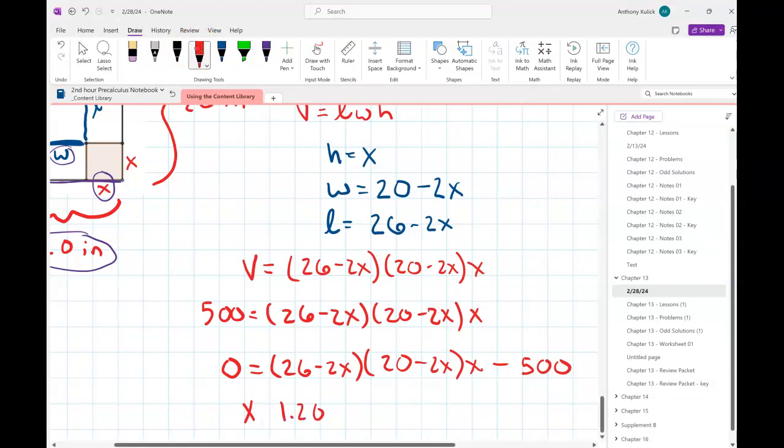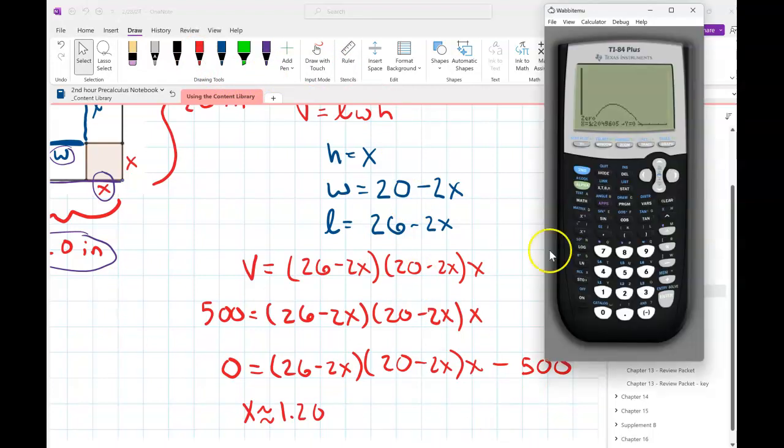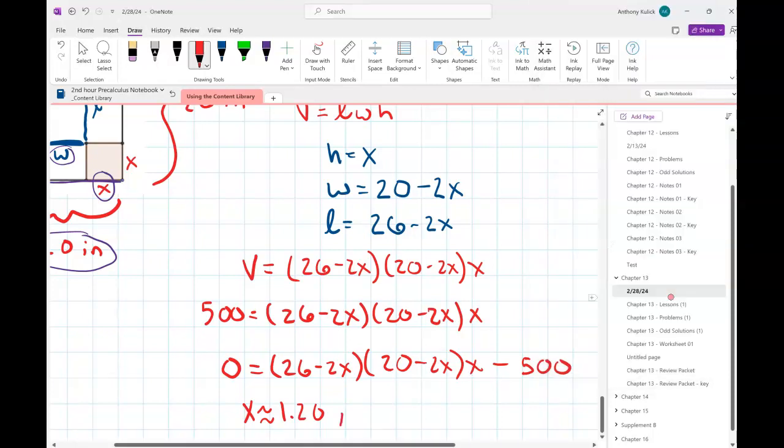We should say approximately. And then my other one, going over here, enter, guess, 7.20.